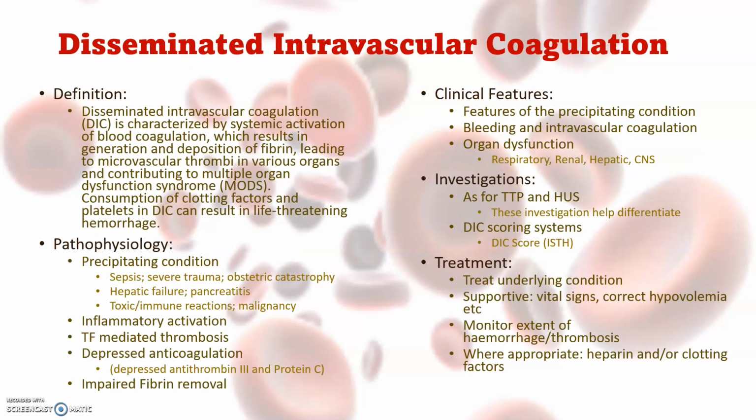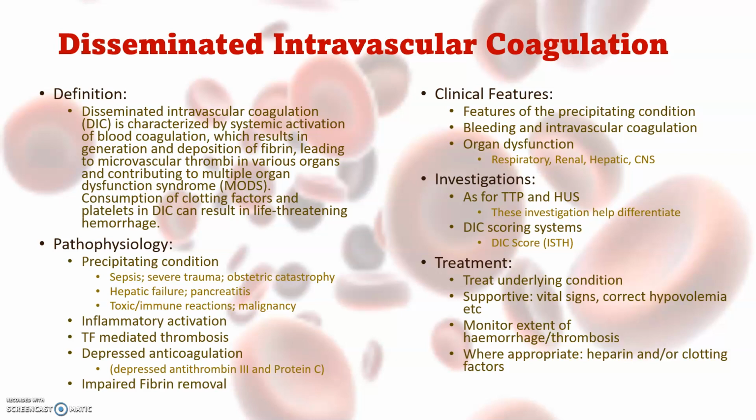So this is DIC, or disseminated intravascular coagulation, which is characterized by systemic activation of blood coagulation resulting in deposition of fibrin leading to microvascular thrombi and multiple organ dysfunction syndrome. Consumption of the clotting factors may also lead to life-threatening hemorrhage.